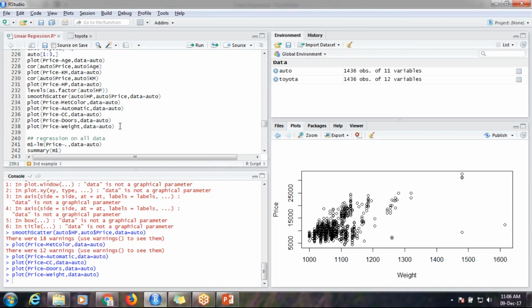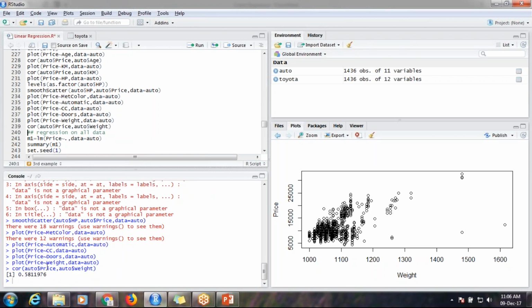So let me do a correlation between the two and try to understand how well it is correlated. It is weight. So again, a moderately correlated one.